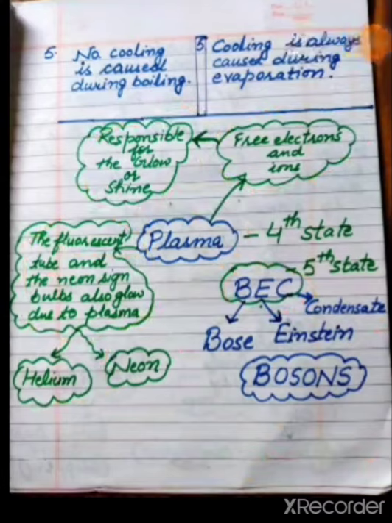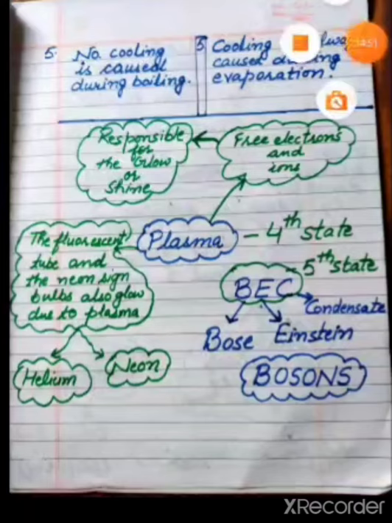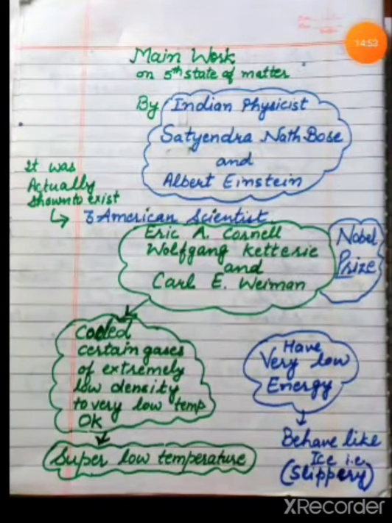Fifth state of matter is BEC, and the full form of BEC is Bose-Einstein Condensate, and these are also known as bosons. The main work for the discovery of the fifth state of matter was done by Indian physicist Satyendranath Bose and the well-known scientist Albert Einstein.